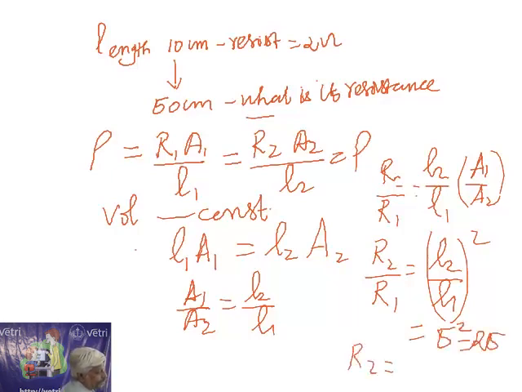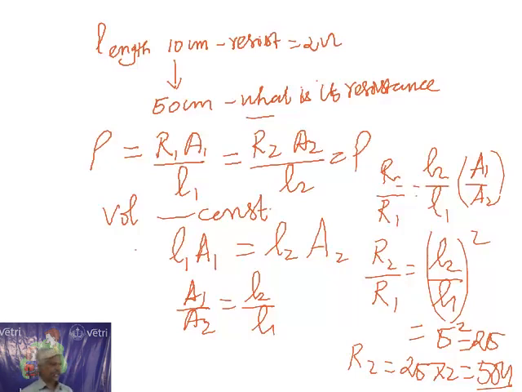Therefore R2 is equal to 25 into R1, that is 2, which equals 50 ohms. That is the correct answer. Be careful. If you are asked this type of question in the NEET examination, you need not worry about it.